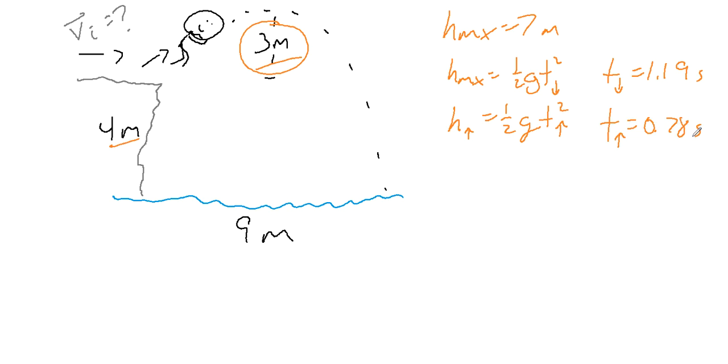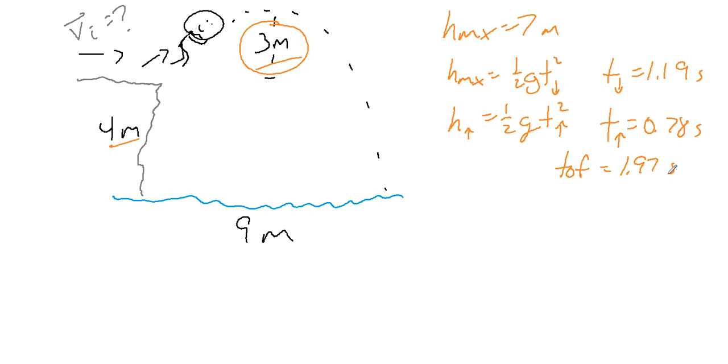So 0.78 on the way up, 1.19 on the way down, and then I could put them together. My whole time of flight would just be the sum of those two put together, which is going to give me around 2 seconds. Yeah, it's like 1.97 seconds would be my time of flight.